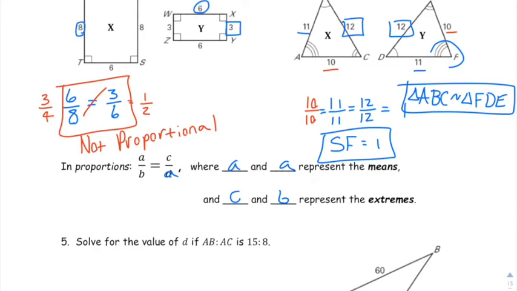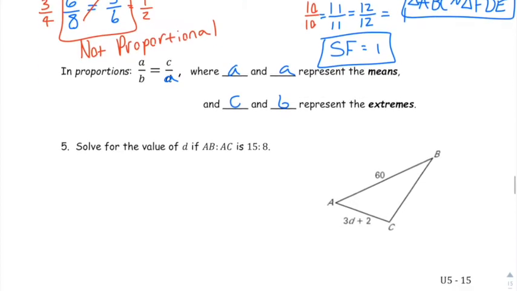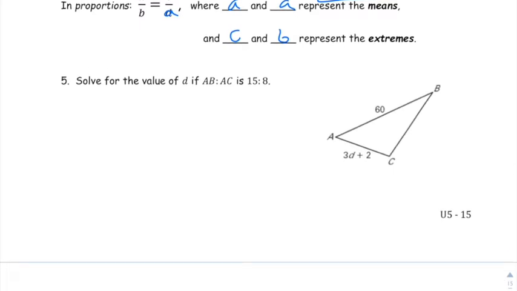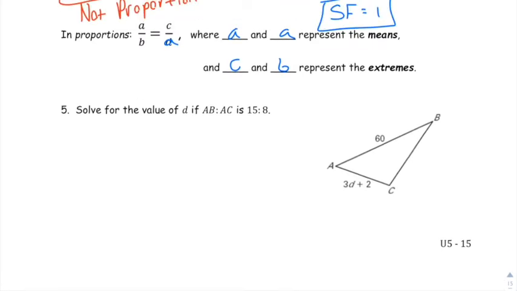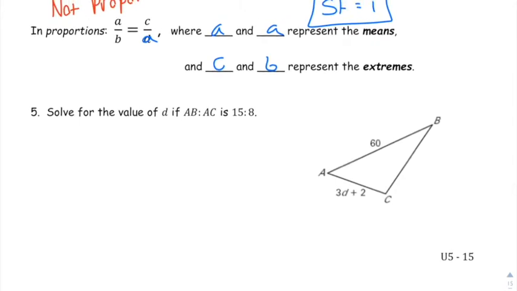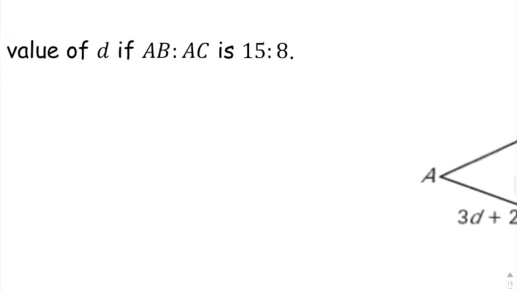We don't really use that until tomorrow's lesson, so just hold off on that, or maybe come back to it once you go through tomorrow's lesson. But jumping back into a different example, look at this here. It says solve for the value of D if the AB to AC ratio is 15 to 8.